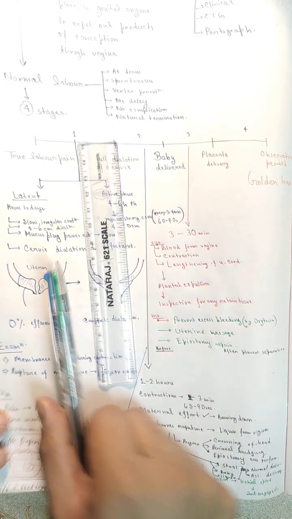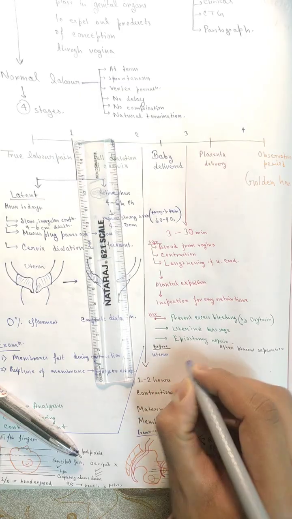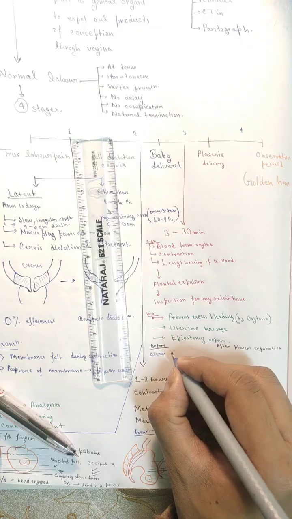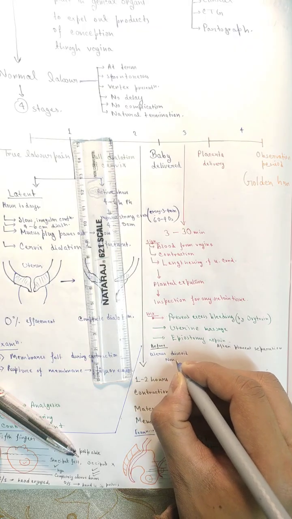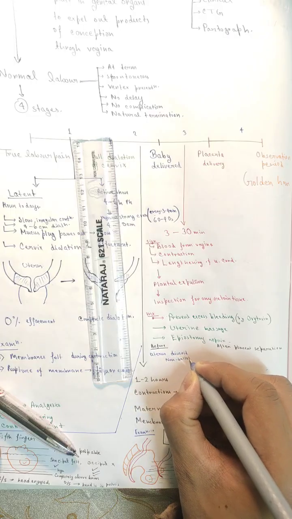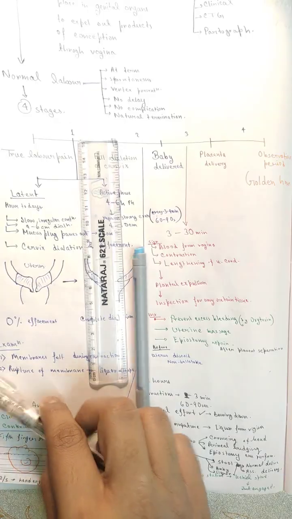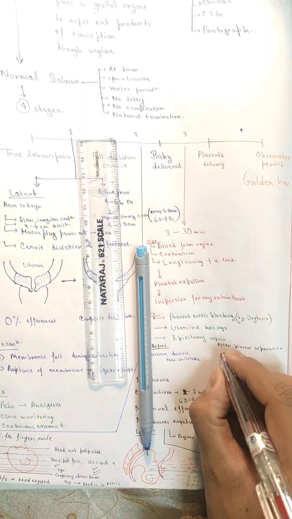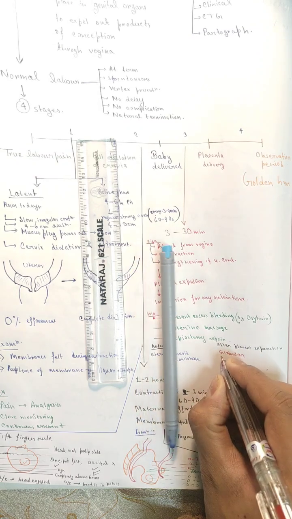Before, the uterus was discoid, non-ballotable. Now it becomes globular, ballotable.